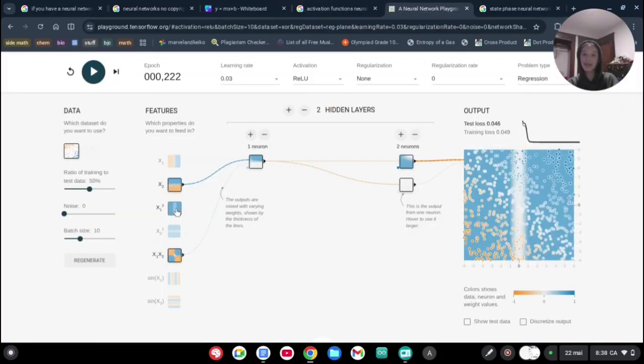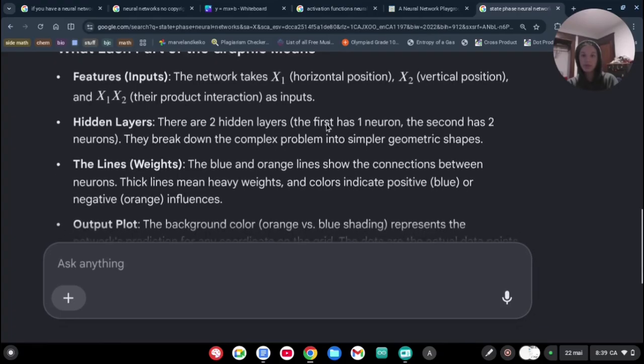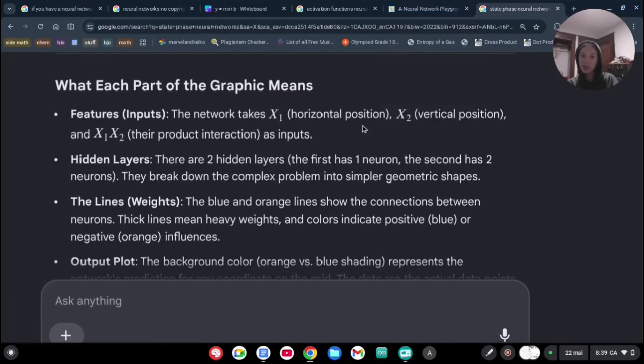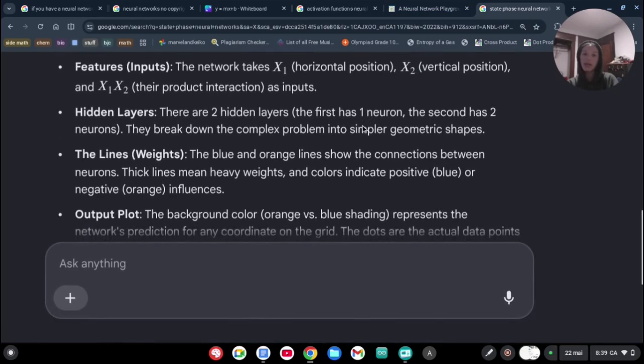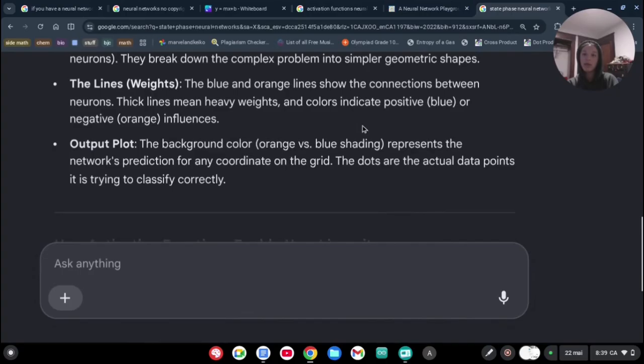So the network takes in points, which have a horizontal and vertical position. Except it uses their product as an input. Okay. The lines.